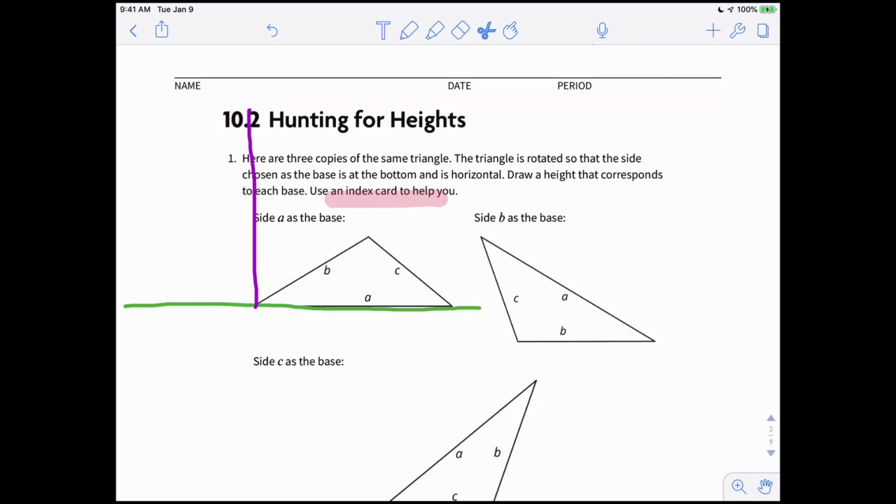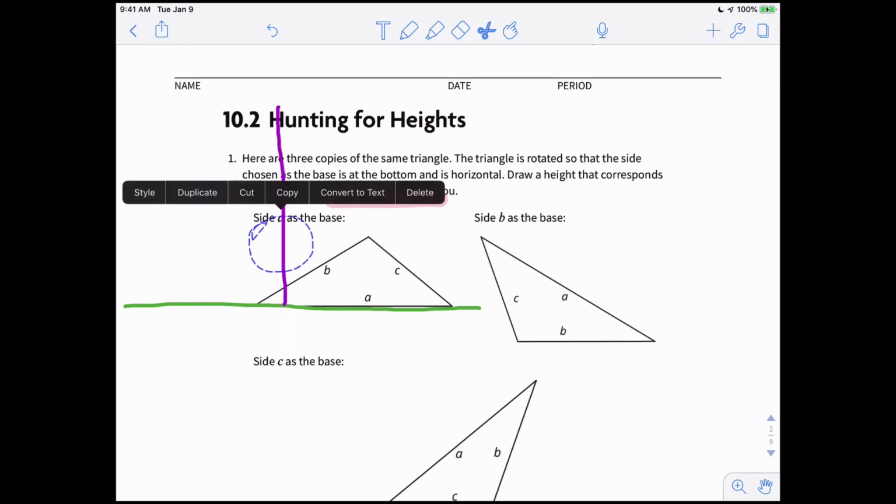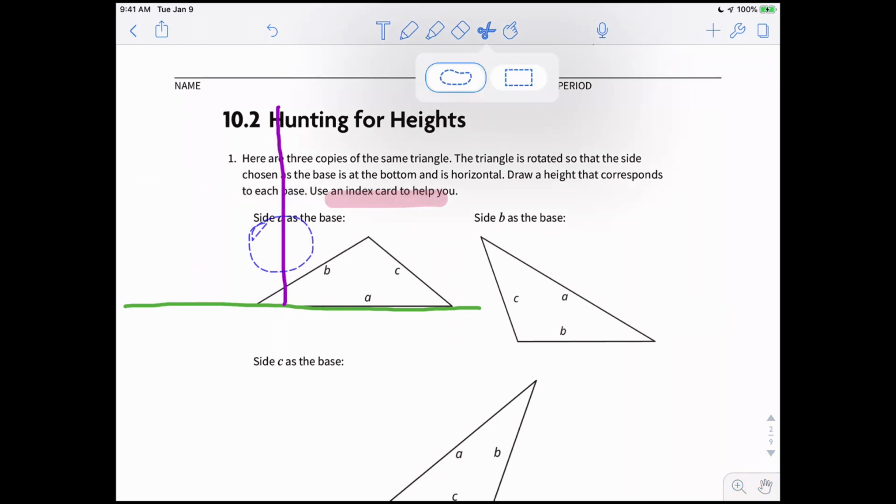As I bring it across the triangle, where it crosses this triangle is going to indicate where the height is. Right here is the maximum, the height of the triangle. So that is our height.